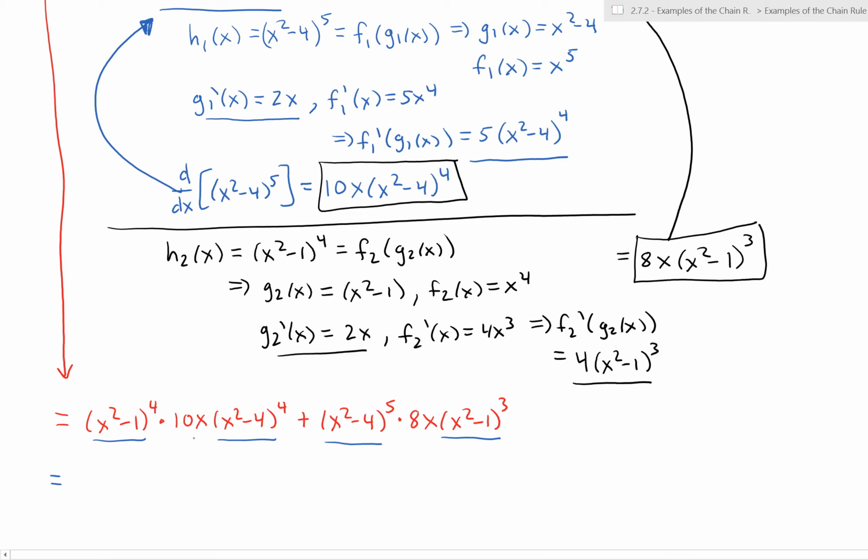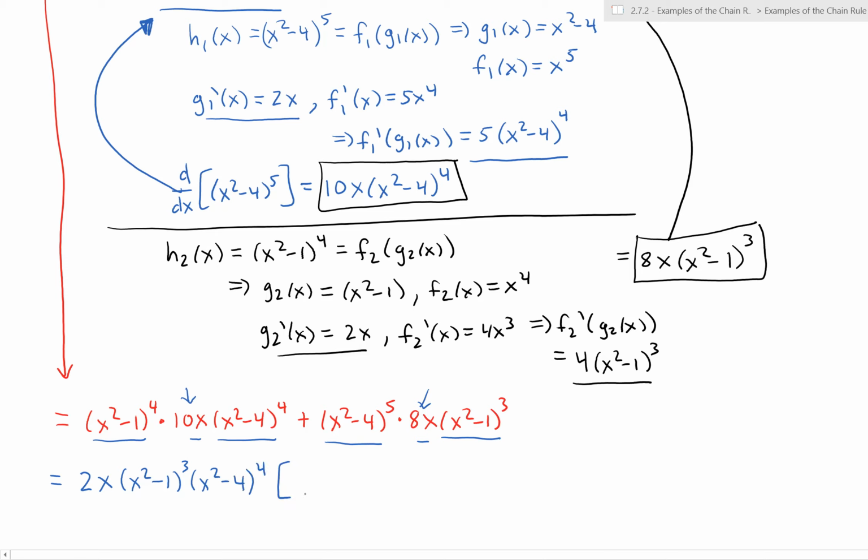And then we also have an x sitting around. And we also have a common factor of a 2 on those two pieces. So I'll take all that out. I'll take out a 2 times an x. I'll take out an x squared minus 1 cubed. And then I'll take out an x squared minus 1 to the 4th power.